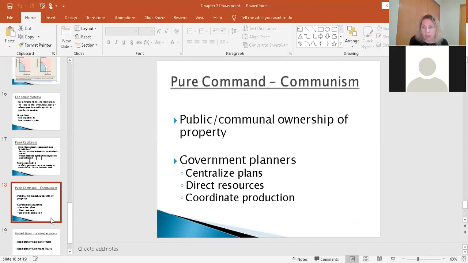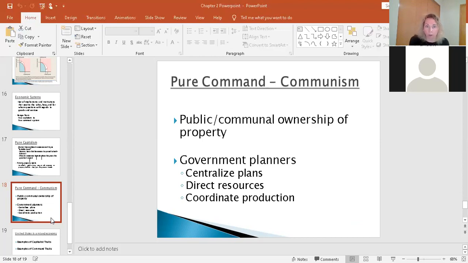When we talk about communism in the context of economics, it's an economic system that at its core could be a good thing. Now, the problem is it's not applied typically the way that it's portrayed, as to benefit everyone. It's usually applied in a way that benefits very few.